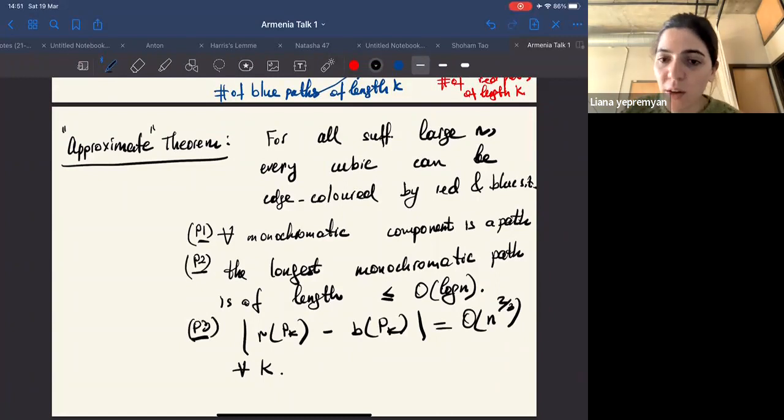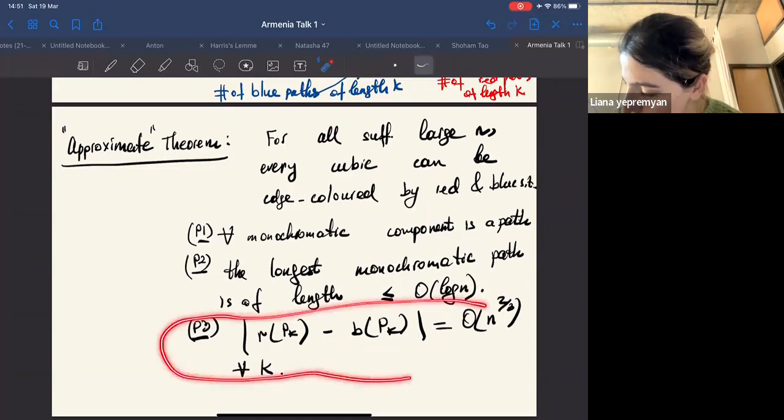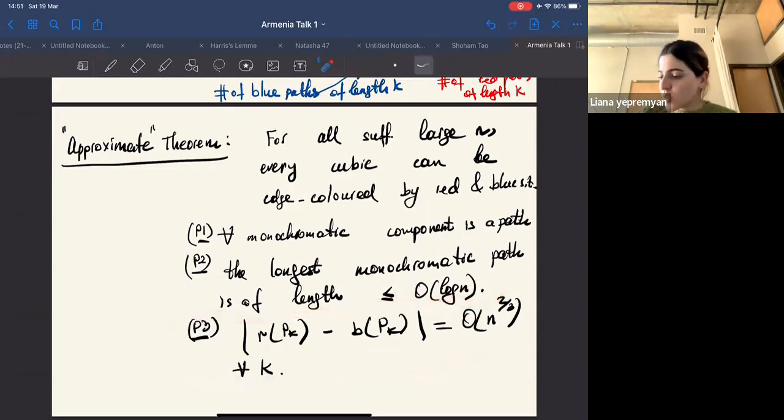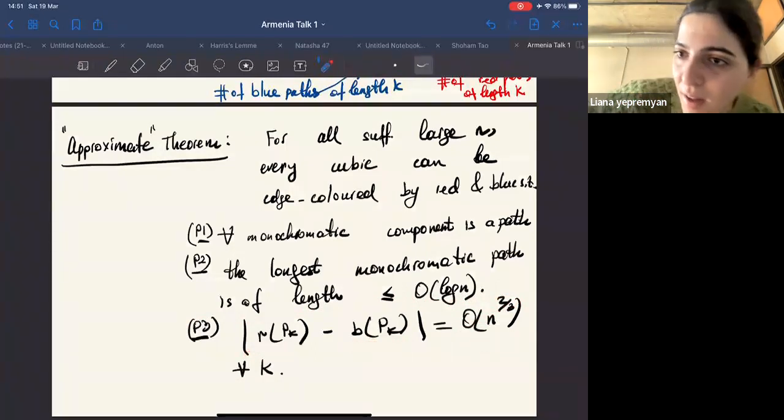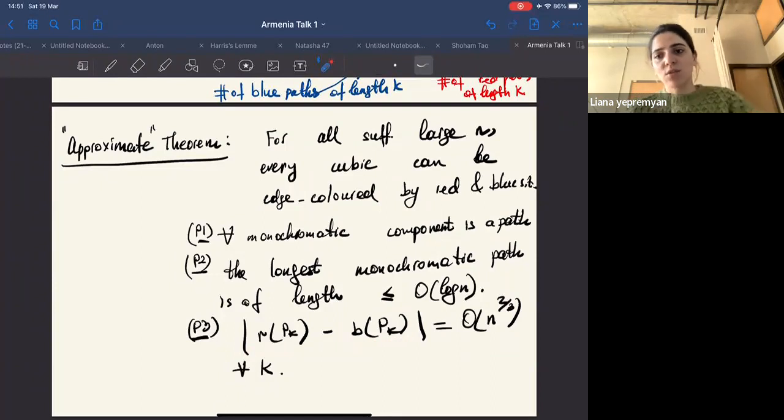So is it clear why I call this an approximate version? It sort of does what I want, but it's still not enough, right? I want this to be 0, but right now they can be far from each other by at most c times n to the 2/3. My next step is going to be to get rid of these errors.